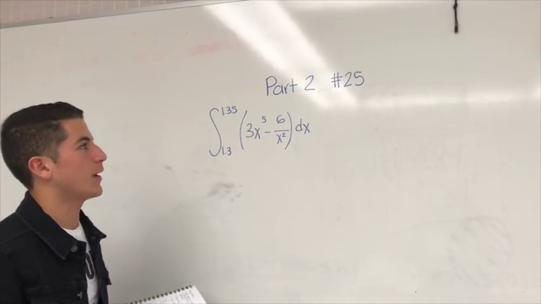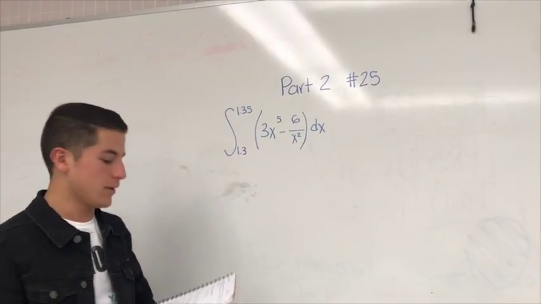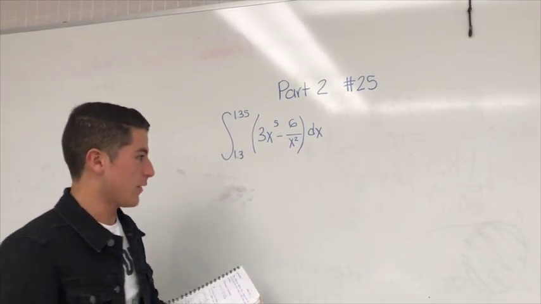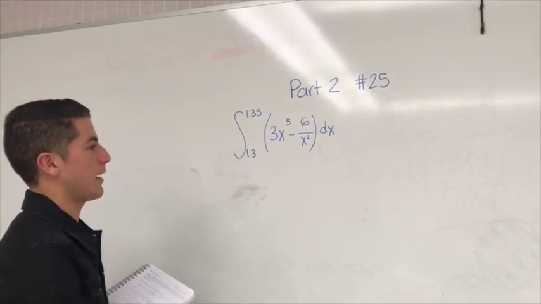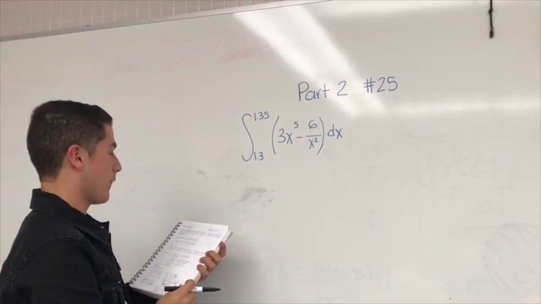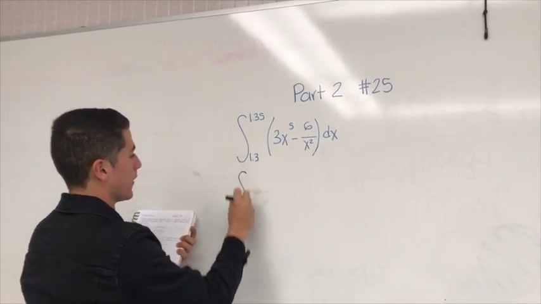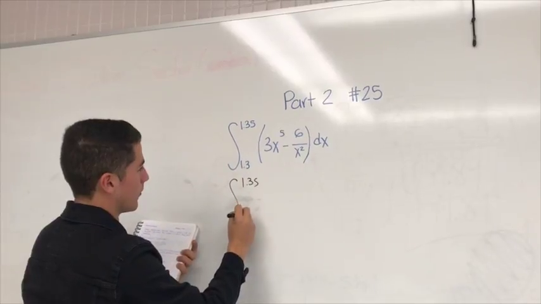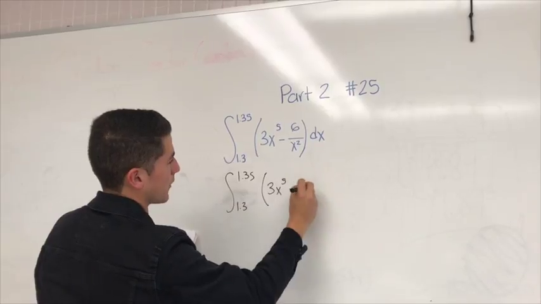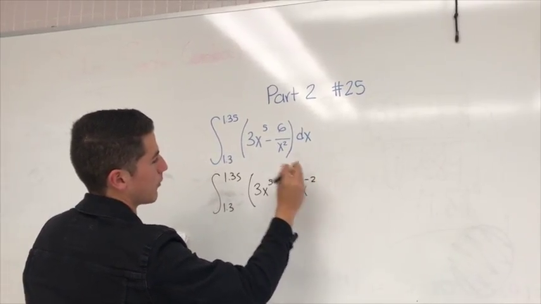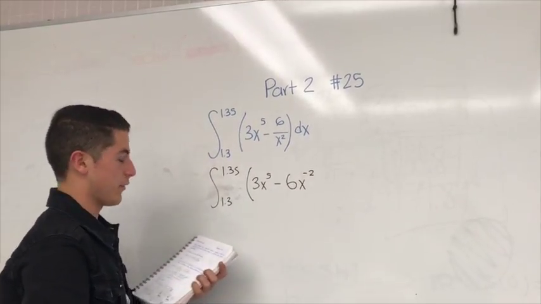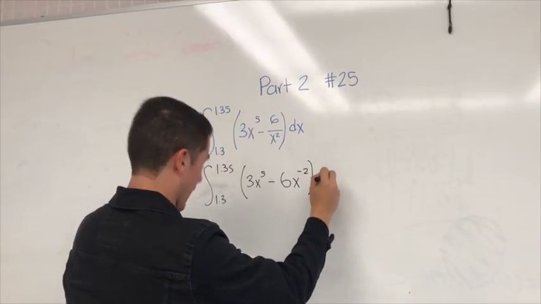Hello, we're going to do part 2 of the lab, number 25. And this is the problem. We need to make this into an antiderivative. The first step to look at is having all the x's on the top. So we're going to place this on the first row. So we copy this the same, 1.3 parentheses 3x to the 5th power minus 6x to the negative 2nd power, since you put the exponent and you change it to the other side of the fraction, parentheses the x.